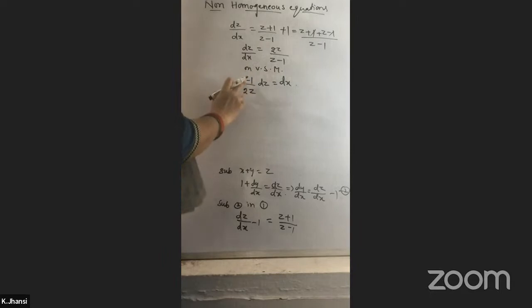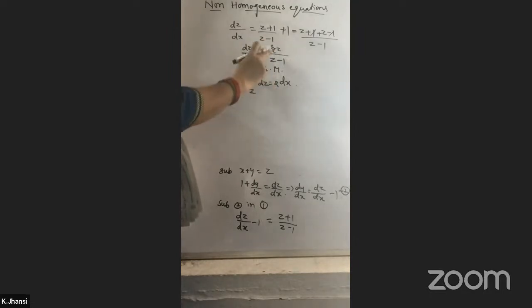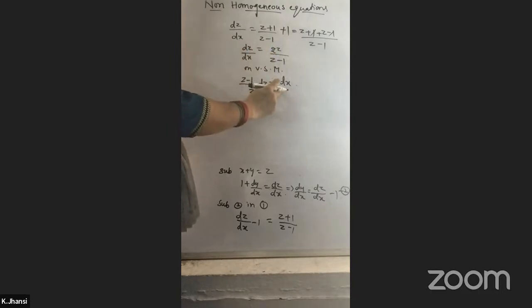Or else, you can take the z minus 1 to that side. Here no further x variable is there, so you can take it as a constant. The 2 you take with the dx, because dz should be in the numerator. So when you cross multiply, z minus 1 into dz by z, and this 2 you are taking with the dx.